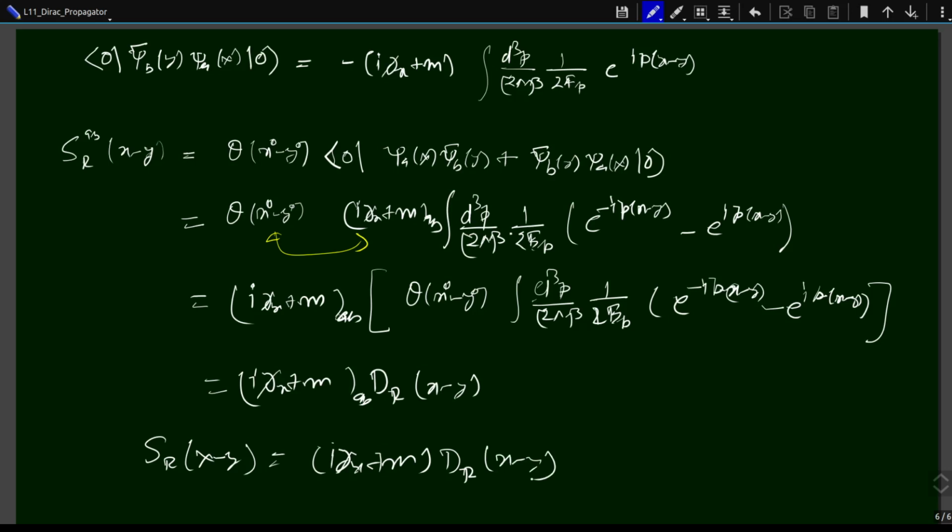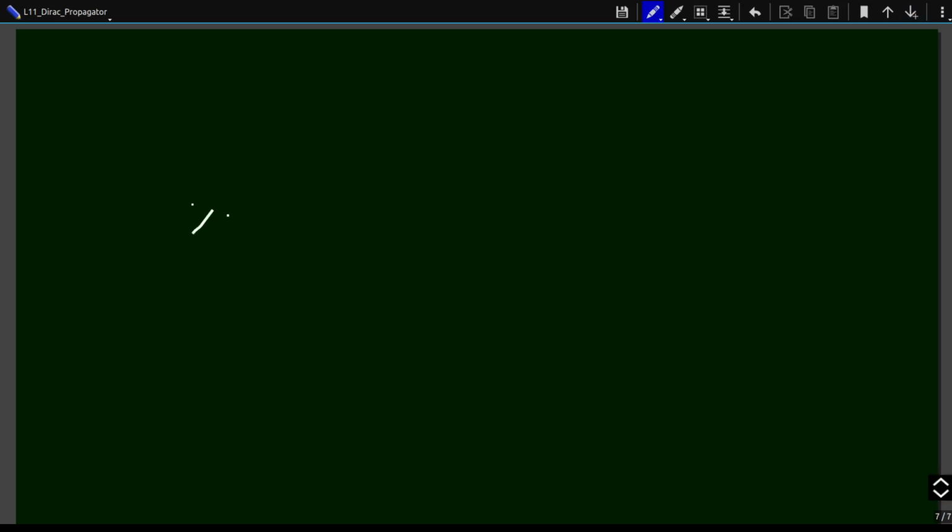And this retarded Green's function, one can also confirm that this is a Green's function of the Dirac equation of motion. So for showing that, what is the equation of motion for the Dirac field? It is i del x slash, taking the derivative with regard to x, minus m acting on S_R of x minus y.